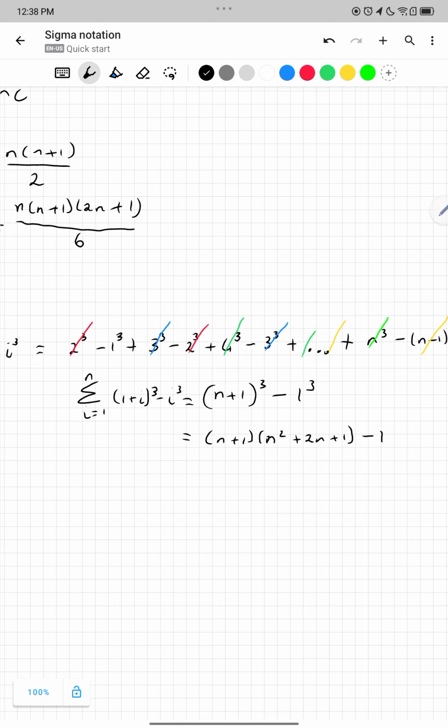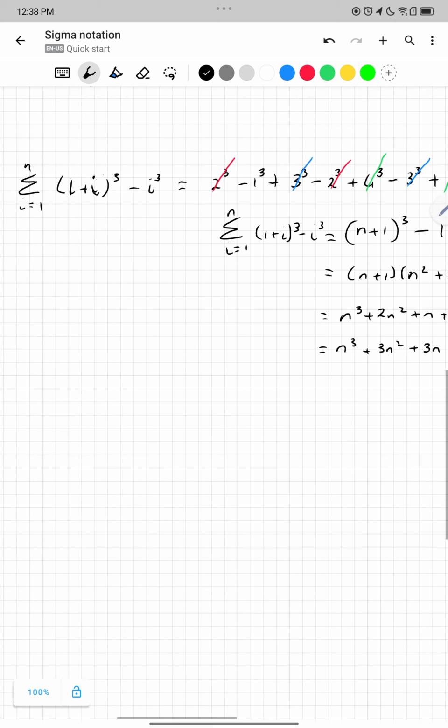So it'll be n cubed plus 3n squared plus 3n. Right? So this is the first part.